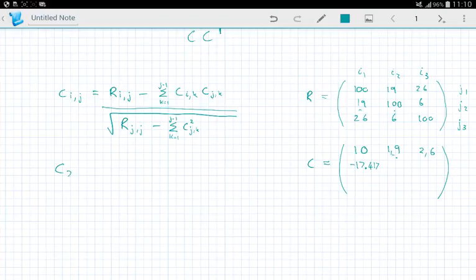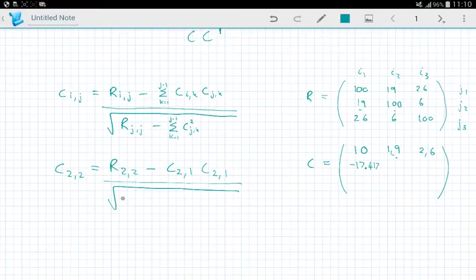So let's go C22. C22 is going to be equal to R22 minus C2,1 times C2. Oh, sorry. Is that a CJ? Yeah, CJ,1. Okay.